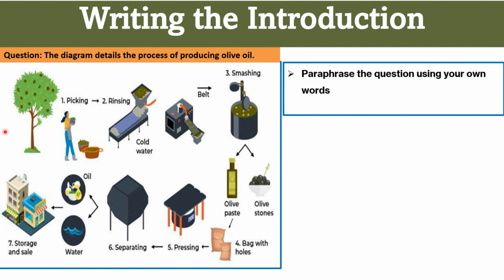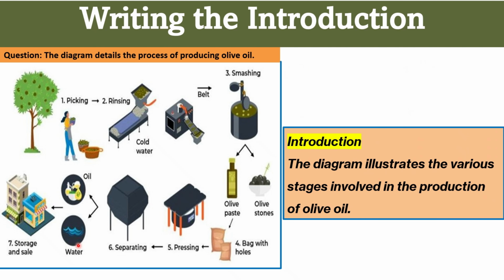The goal here is to paraphrase the question using your own words. Don't copy the question directly. Instead, try to express the same meaning in a slightly different way. For example, if the task says, the diagram details the process of producing olive oil, you could write, the diagram illustrates the various stages involved in the production of olive oil. Notice how we have changed the wording but kept the meaning.